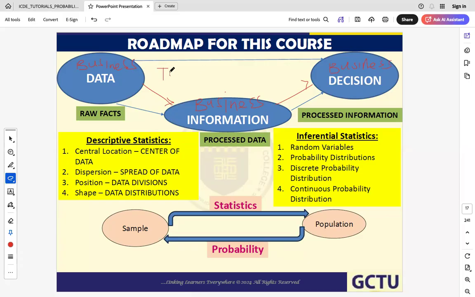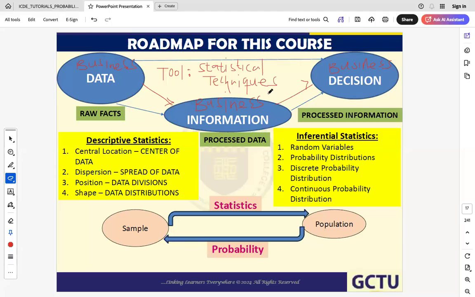And let me repeat one more time. The tool we are going to use are called statistical techniques, which I did explain some of them last week.